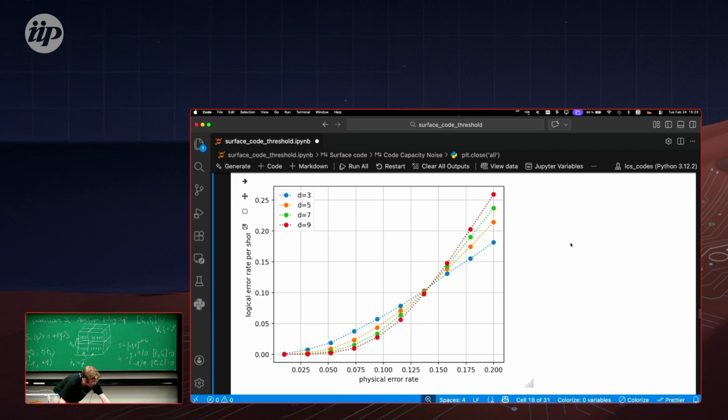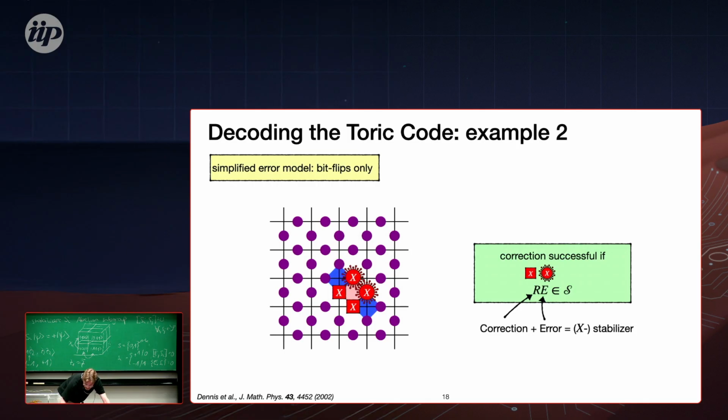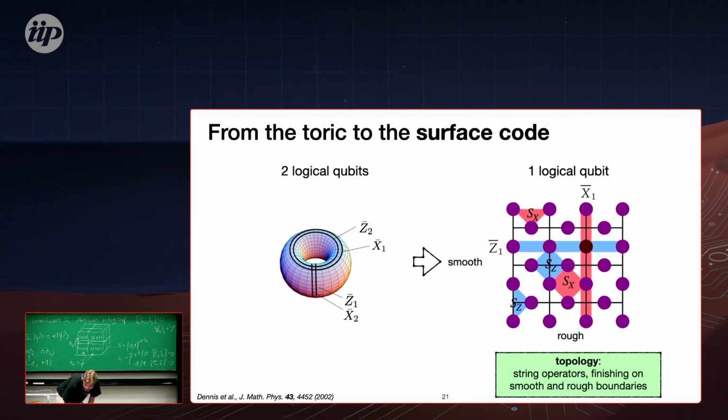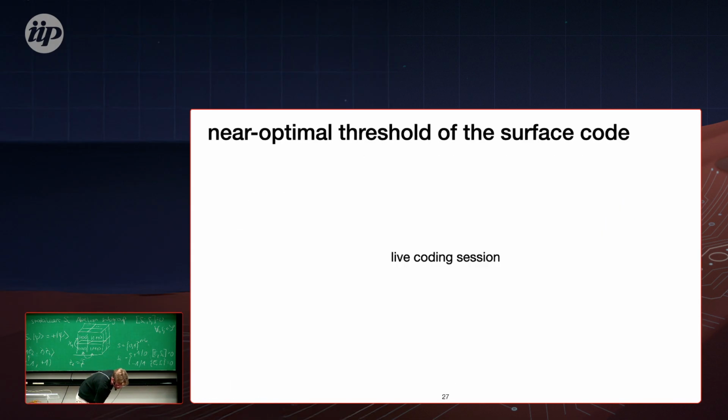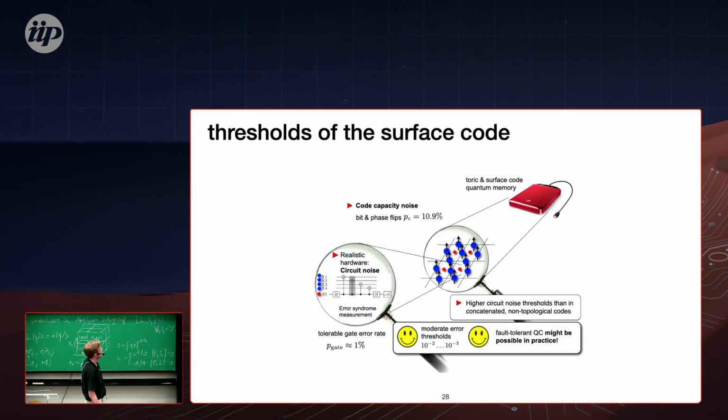As a small hint for tomorrow, or maybe later today depending on the time, this 13%, or if we just have bit flips, 11%, this threshold is only for this noise model where we place the noise just before the measurement and nothing else is noisy.